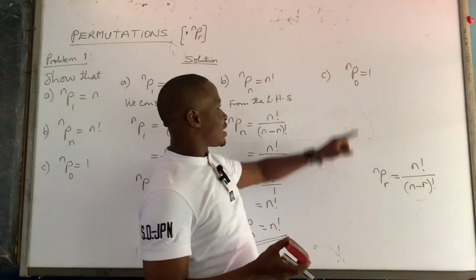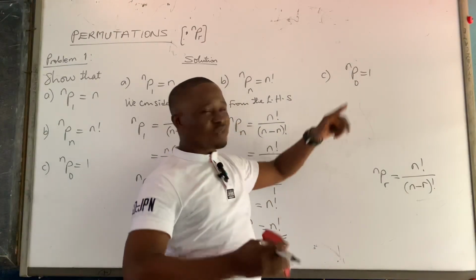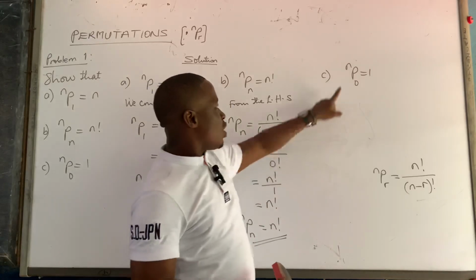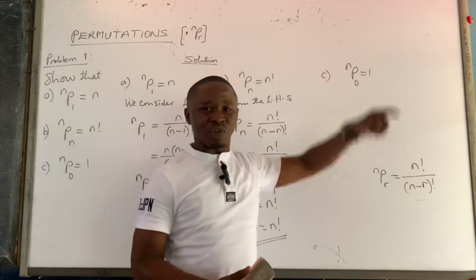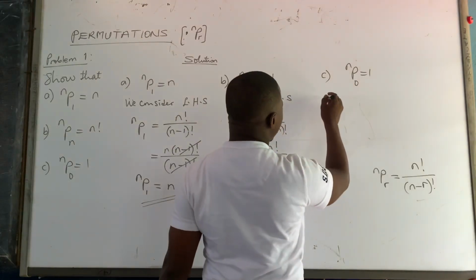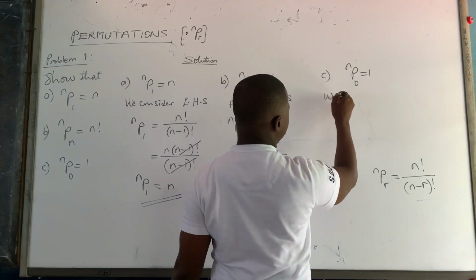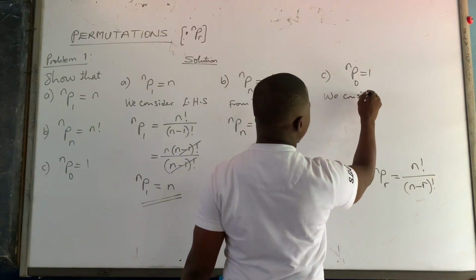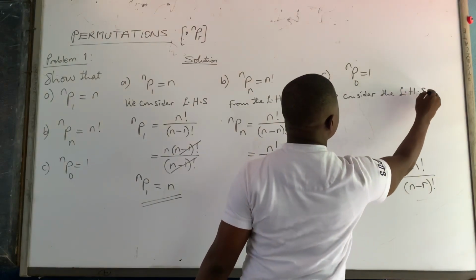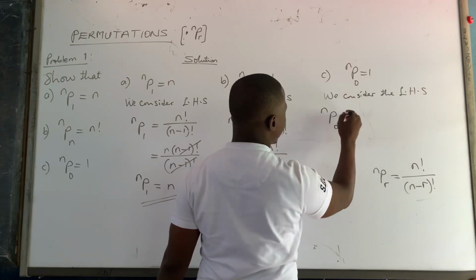We want to show that n permutation 0 is equal to 1. So this one is very, very interesting. Whatsoever positive number you think of, once you say permutation 0, the result is 1. Okay. Now here, we also consider the left-hand side. On the left-hand side, we have n permutation 0.